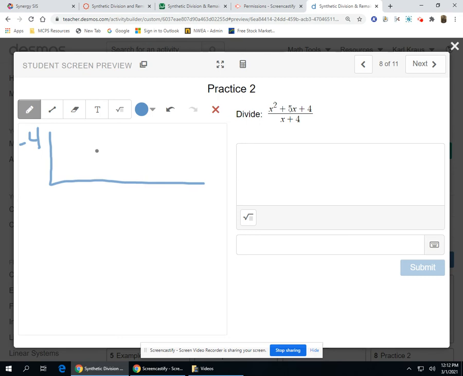A value is negative 4 and 1, 5, and 4. Bring down the 1, multiply, add, multiply, add, get x plus 1.